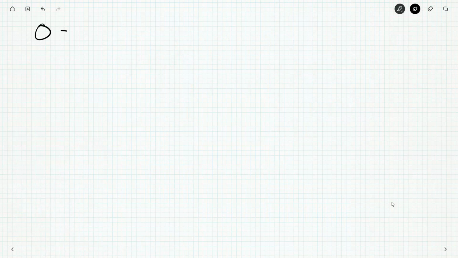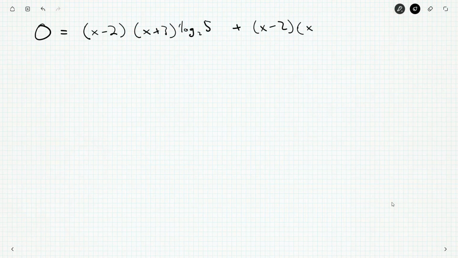So we'll bring everything over to one side. We'll get x minus 2, x plus 3, log base 2 of 5, plus x minus 2, x plus 1.